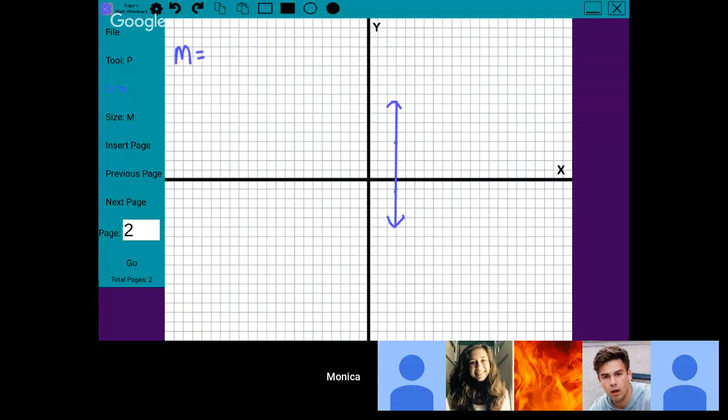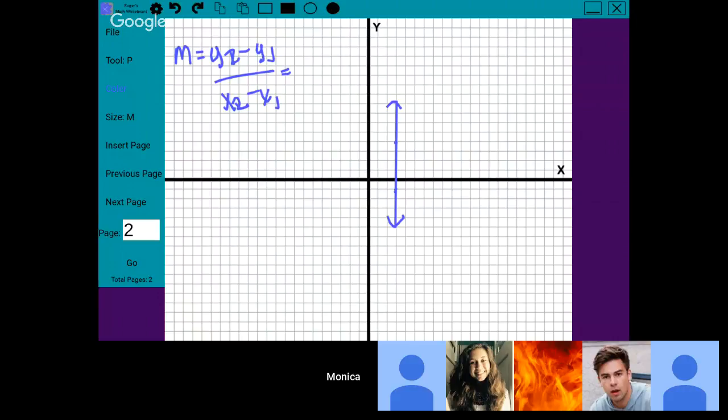And here's how you can kind of tell that too. So when you're looking at this slope, the formula for slope is y2 minus y1 over x2 minus x1, right?